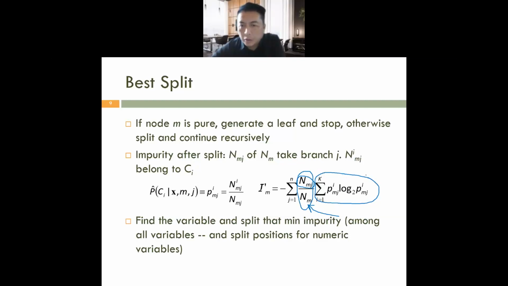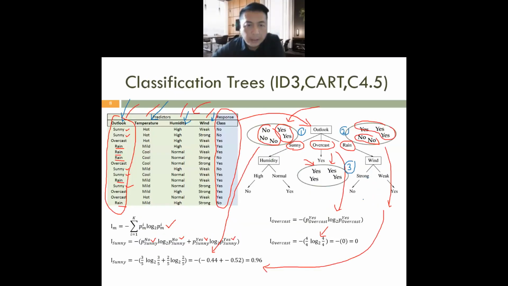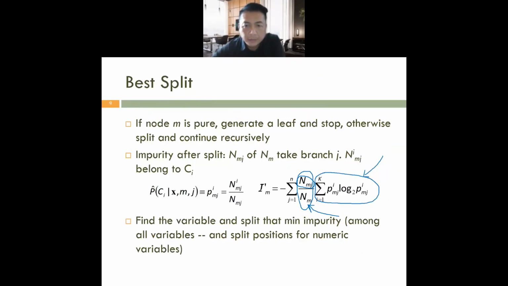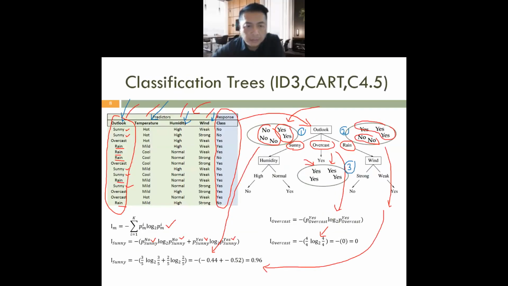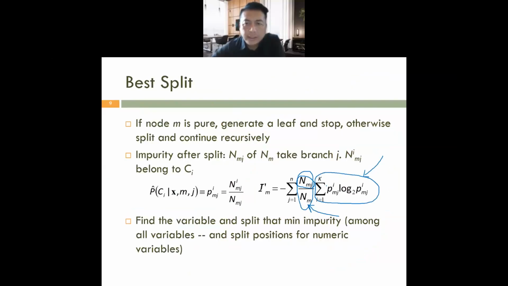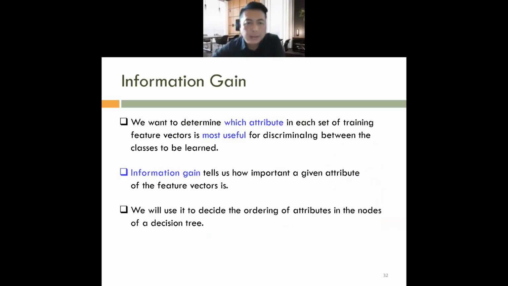So basically, this one is the formula that we use here for the calculation. This is the entropy for one node because we are combining all the classes.